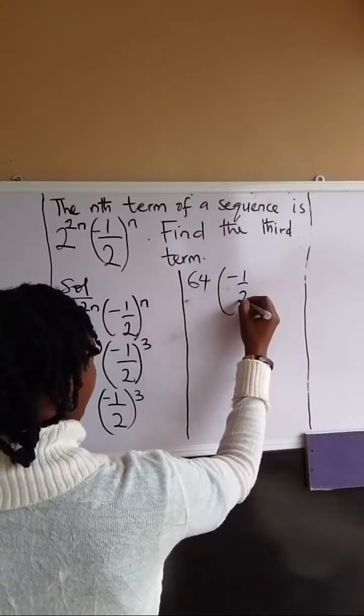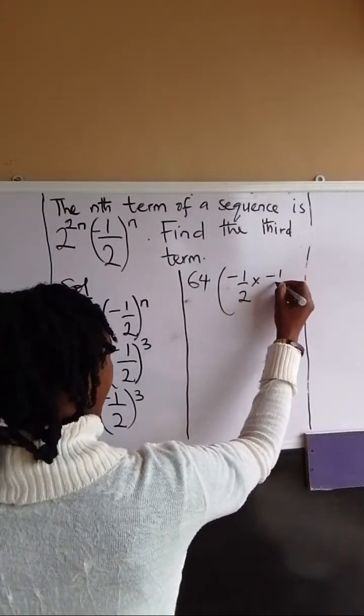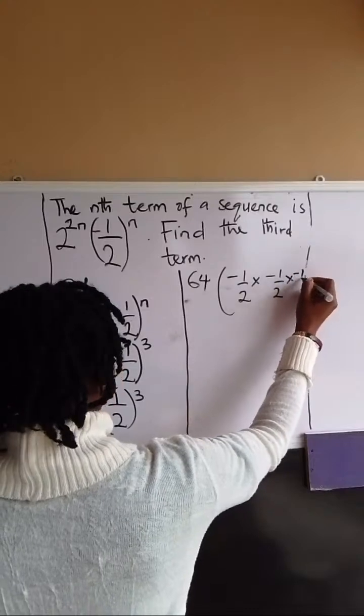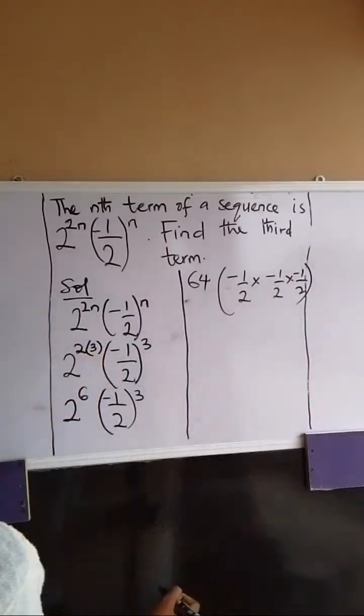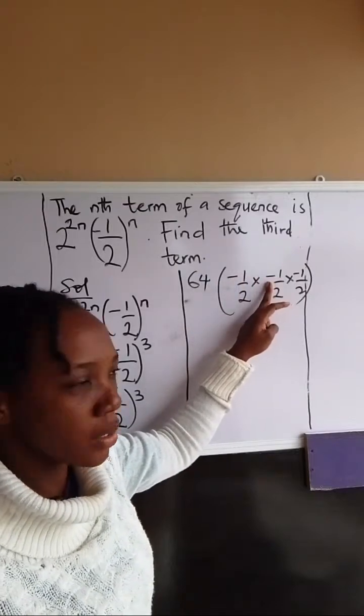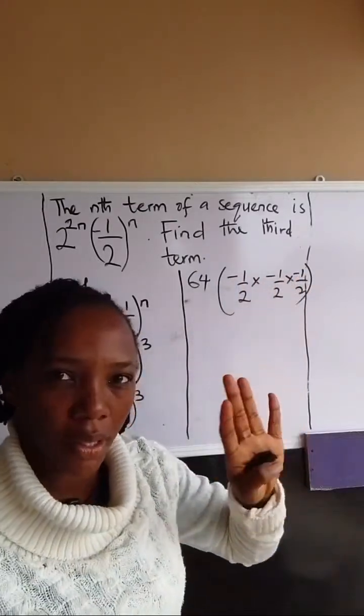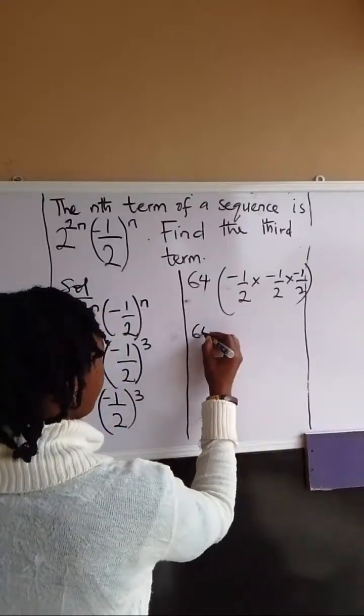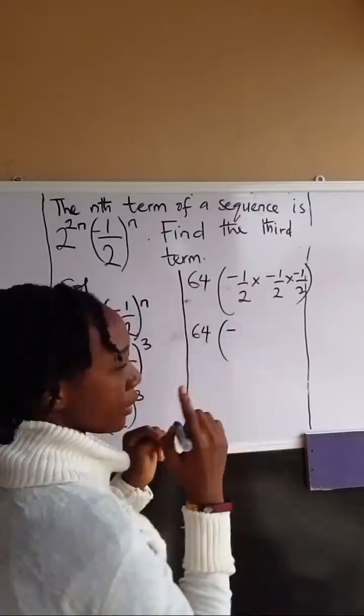Now, minus 1 over 2 times minus 1 over 2 times minus 1 over 2. Minus times minus gives us plus. Plus times minus will still give us minus. So we have 64 minus.